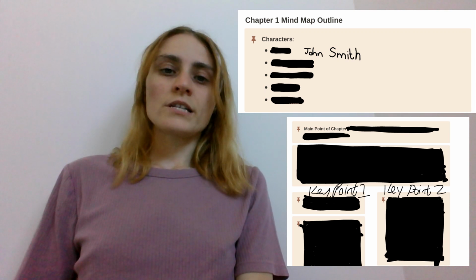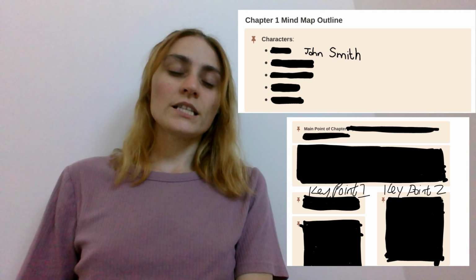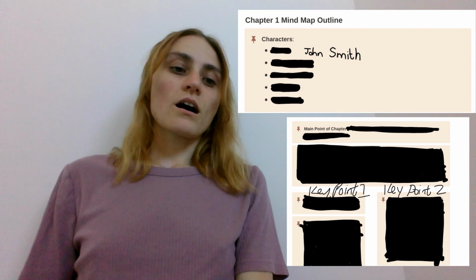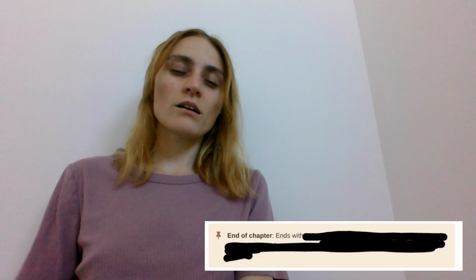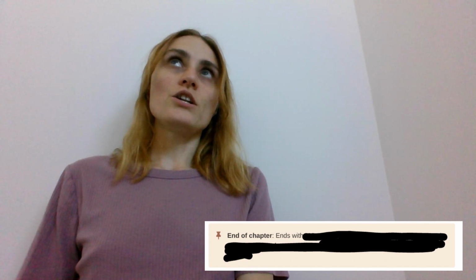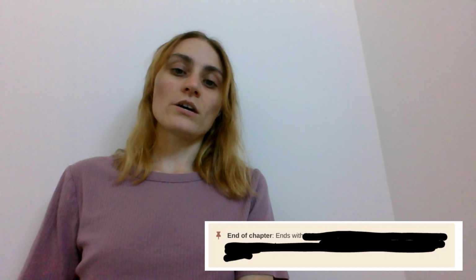And then underneath that, I have details. That's where I keep all of the key points for each chapter. And for the end of the chapter, I have an end of chapter callout box as well. That's a note for myself, so I know how the chapter ends, and I can get an idea of how the next chapter begins.